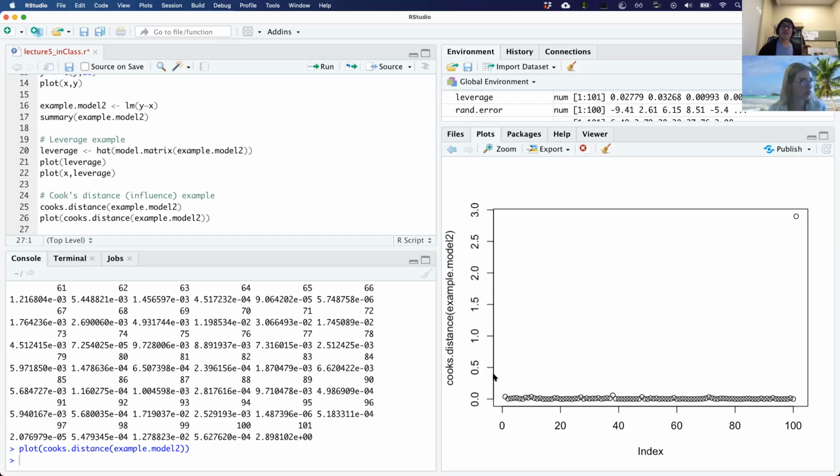Okay, so these metrics are the go-to common ways of identifying outliers. And then there's this other question of what do you do about outliers? That is much more art than science.